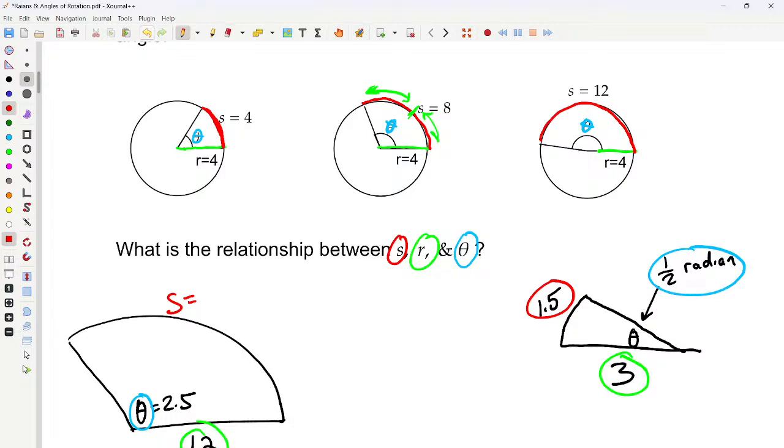And therefore, 12 times 2.5, we would have done 12 steps, 24 steps, and half of 12 is 6, 30 steps. Beautiful claim. Radius times theta equals arc length.